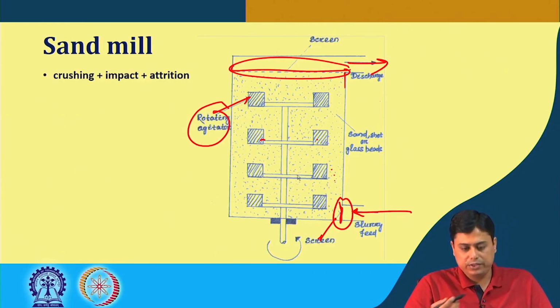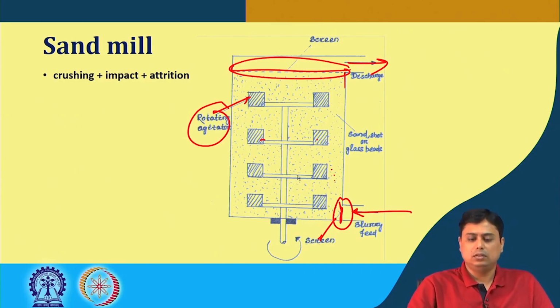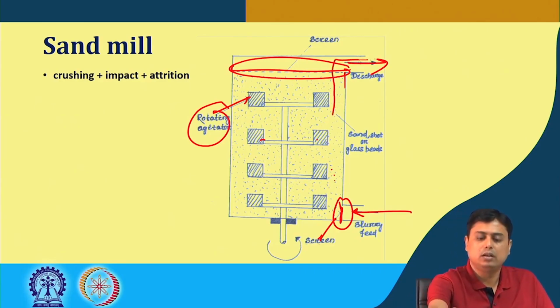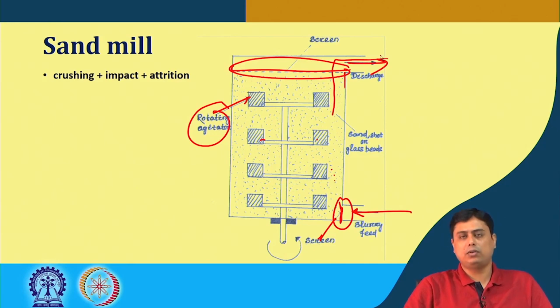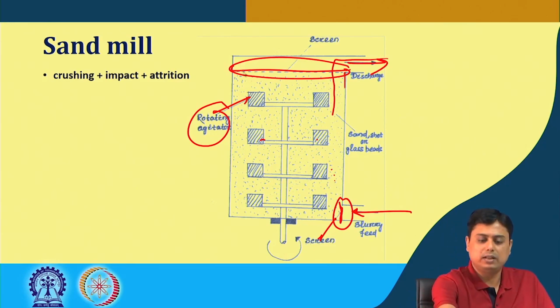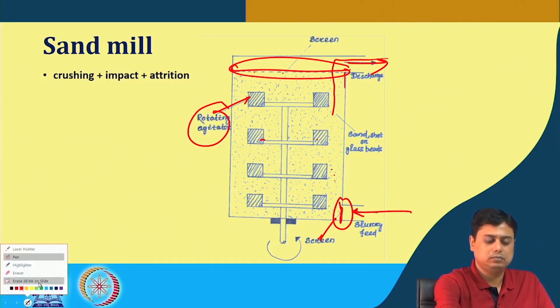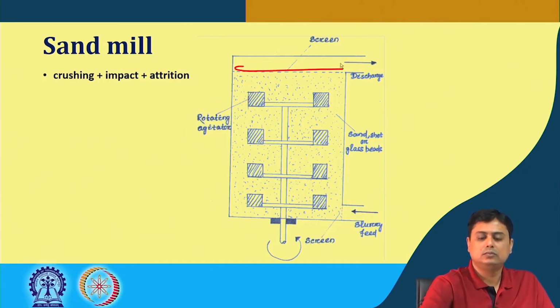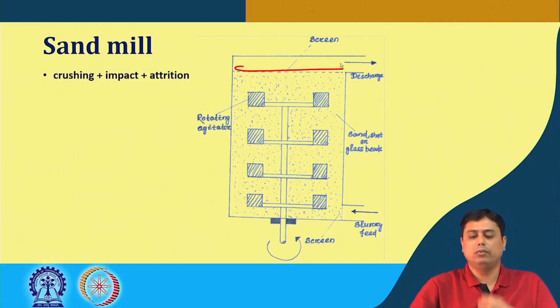And when it is sufficiently fine, the fluid is basically taken out from the top, it goes out with the fluid, which is further screened at the top. This is the screen position where the discharge is collected.